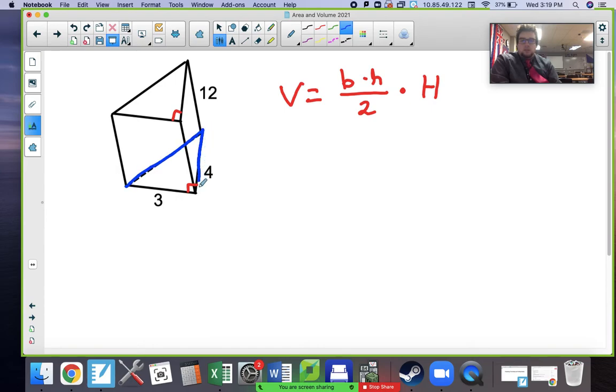I don't care about the rest of the picture, just the triangle. I see my right angle symbol right here, so that means base and height. Then the 12 over here is how far the first triangle down here is away from the second triangle up here.